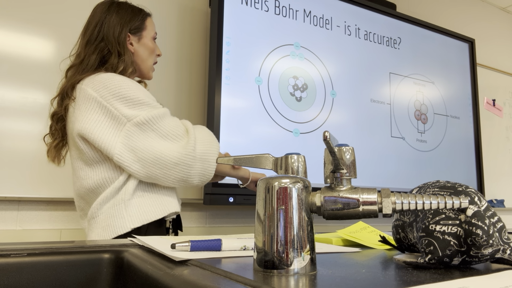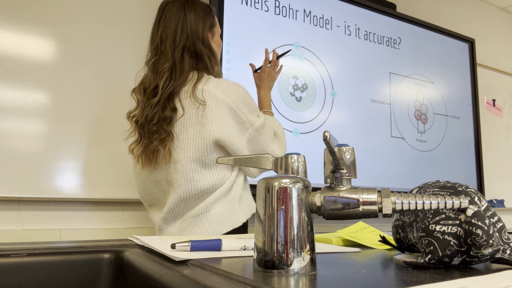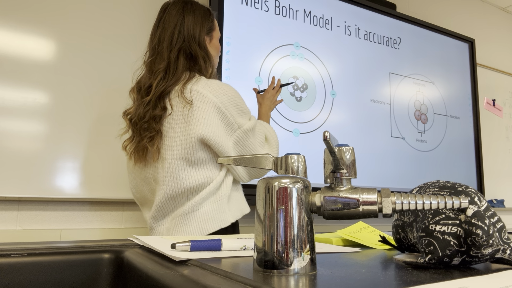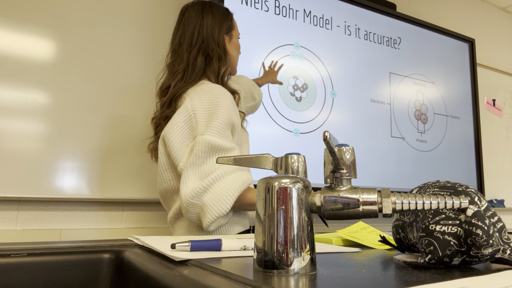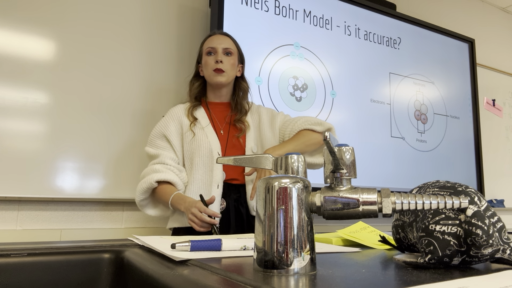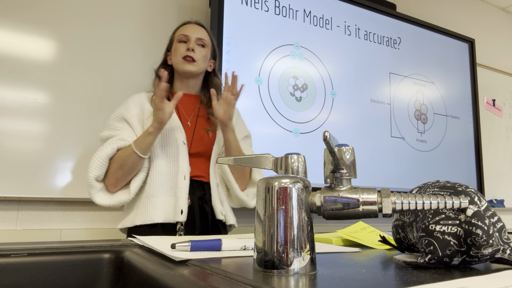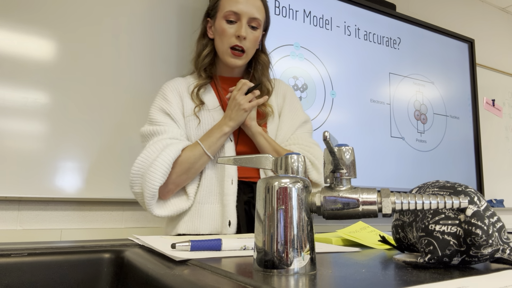Why we use this model is because it's a great visual. It's really good to look at and say, okay, I can see what my element looks like. I can see my protons and neutrons. I can see all the energy levels. I can see how many electrons it has, possibly later on, how many electrons it might need, things along those lines.